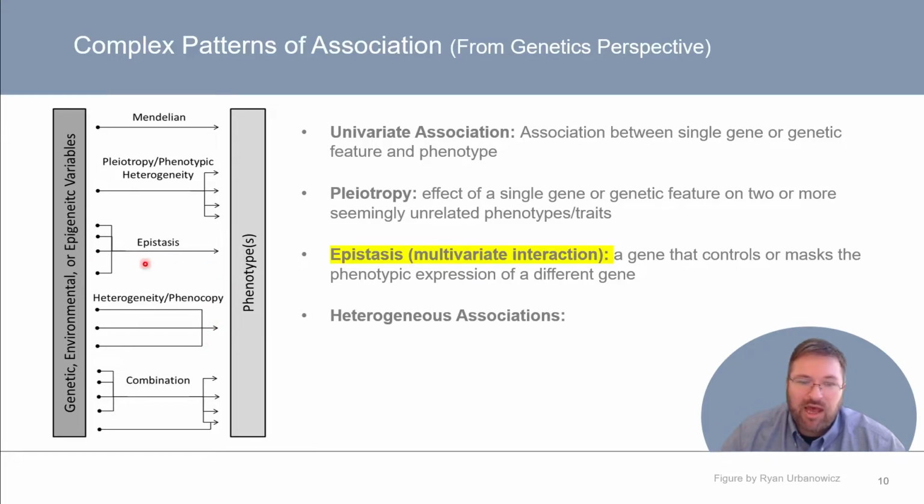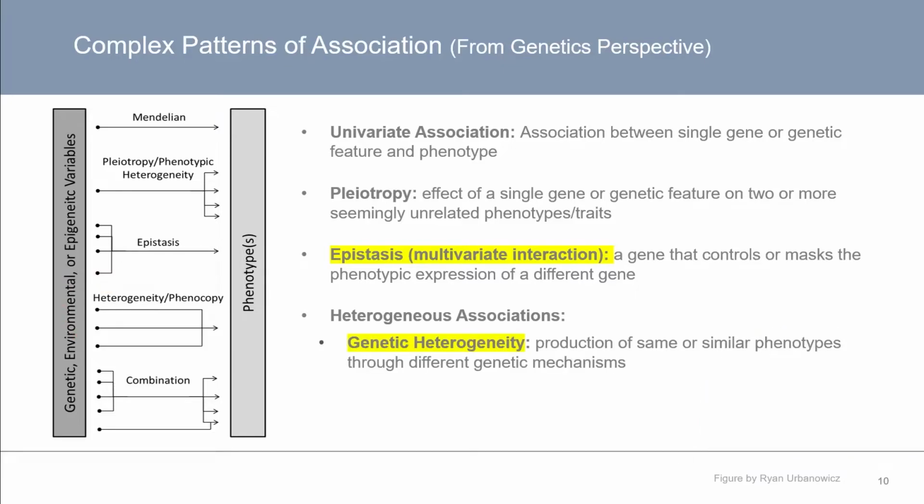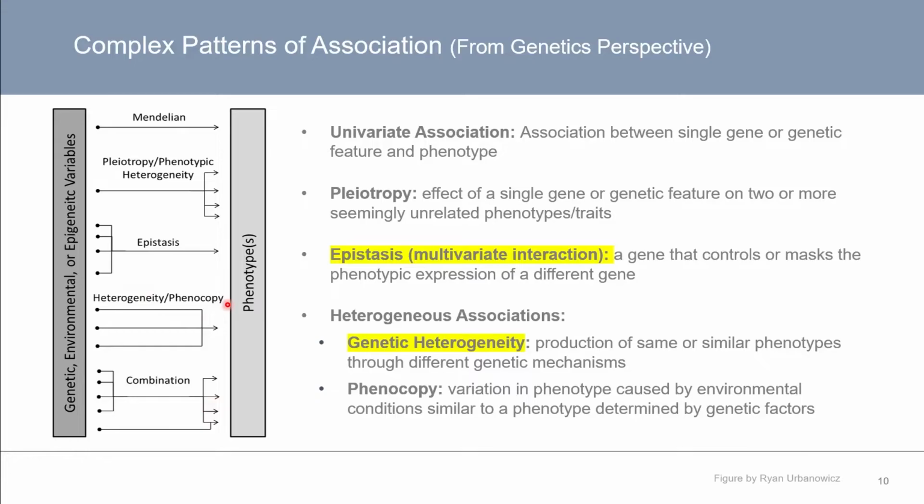And lastly, we have heterogeneous associations. The first heterogeneous association we'll mention is genetic heterogeneity. This is a situation where different genes or genetic features can produce the same or similar outcome in different instances. Phenocopy is a similar situation where an environmental feature could impact the outcome of instances in the same way as a gene or genetic feature.